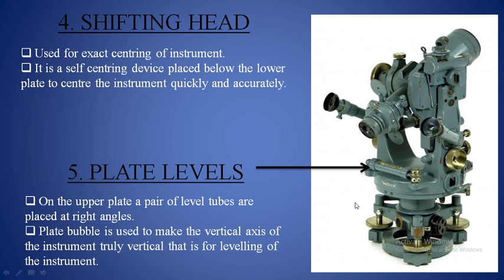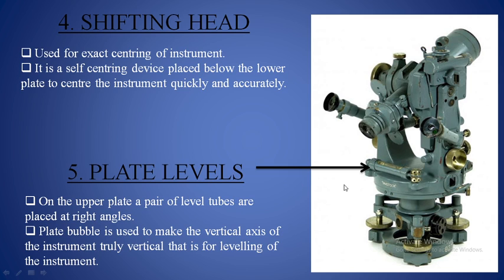You are all familiar with the bubble tube, which you have seen in the dumpy level. In the same manner, the theodolite also has a bubble tube which is placed just above the upper plate. This bubble tube is known as the plate level, and in the theodolite there will be another bubble tube which is placed just above the telescope or above the A-frame, which is known as the altitude level.